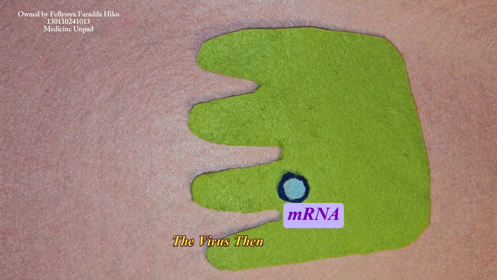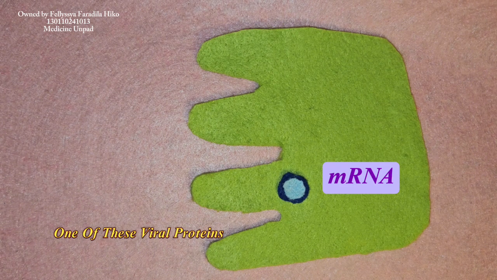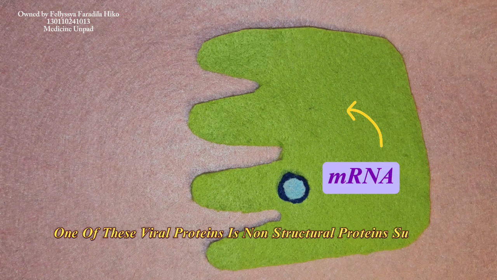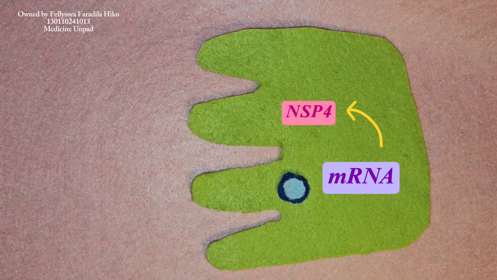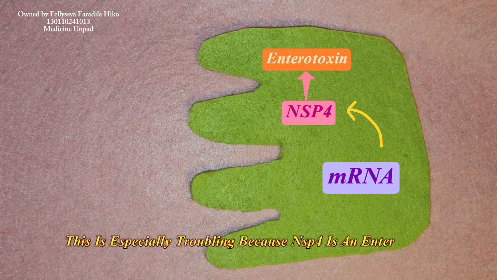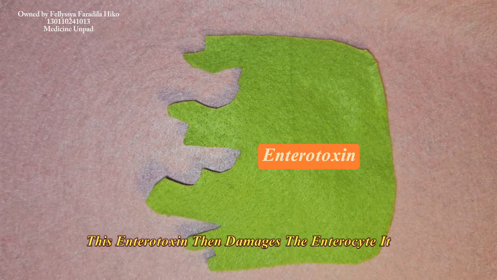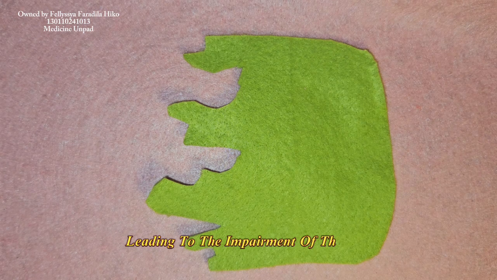The virus then produces mRNA that is released into the cytoplasm to make viral proteins. One of these viral proteins is non-structural proteins such as NSP4. This is especially troubling because NSP4 is an enterotoxin. This enterotoxin then damages the enterocyte itself, leading to the impairment of the villi.